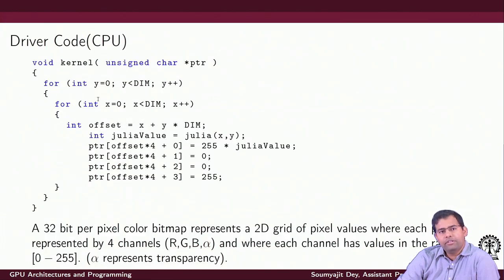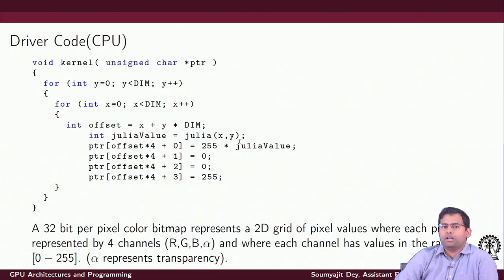And then I have these two outer loops which are going to traverse through the entire grid of locations and do the coloring part, and before that it is going to do the membership testing by using this Julia function. Just like for matrix multiplication, I had a cascade of loops.